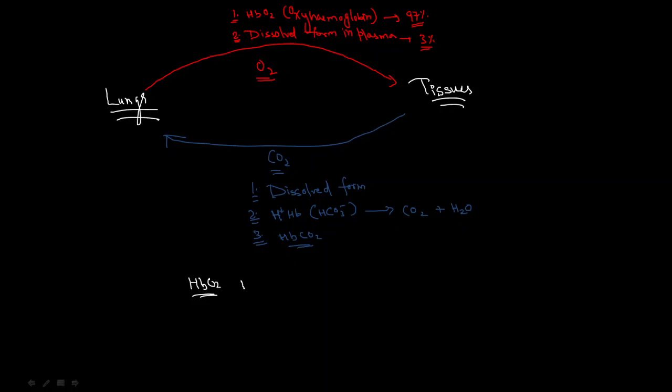Then what happens if oxyhemoglobin comes in contact with a high proton area, where the protons are very high? This oxyhemoglobin is going to break down, and ultimately the proton will bind to this hemoglobin and oxygen will be released.